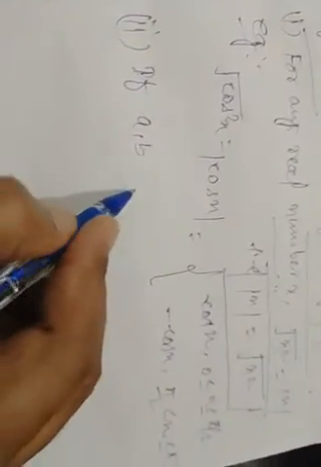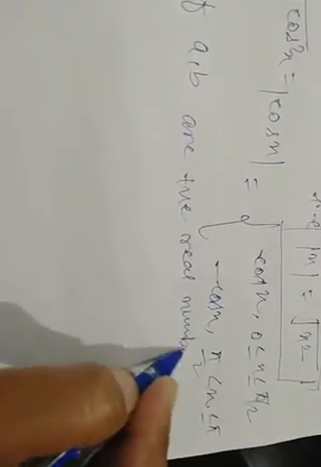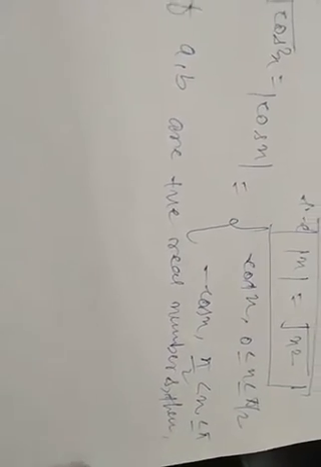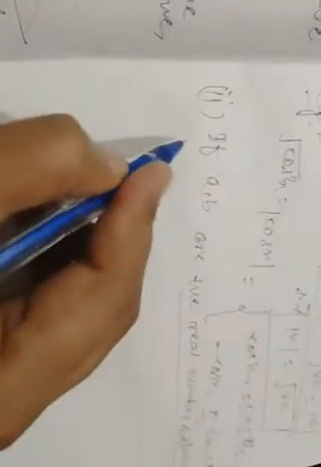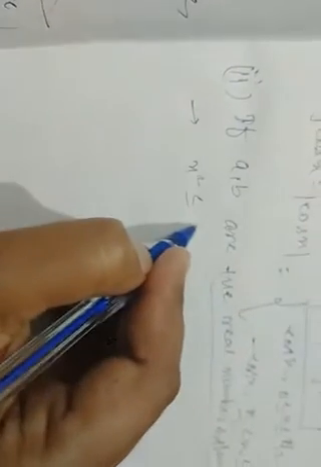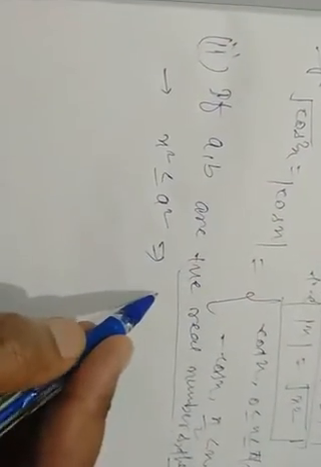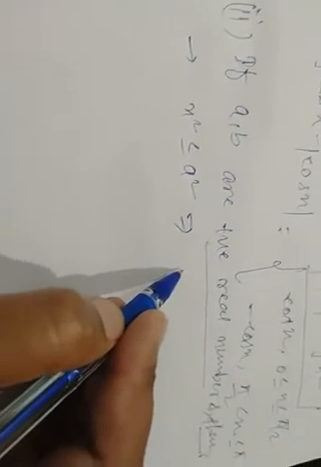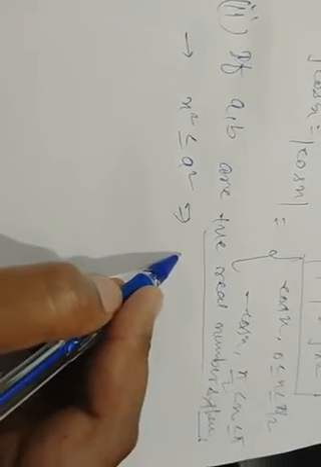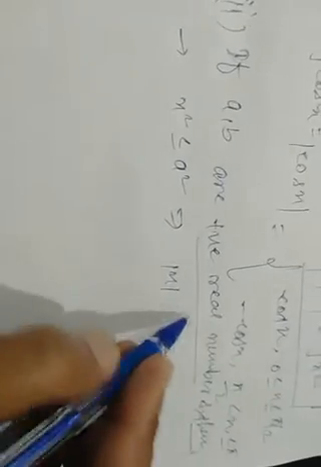If a, b are positive real numbers, then if x square is less than or equal to a square, this implies we can write mod of x less than or equal to a.